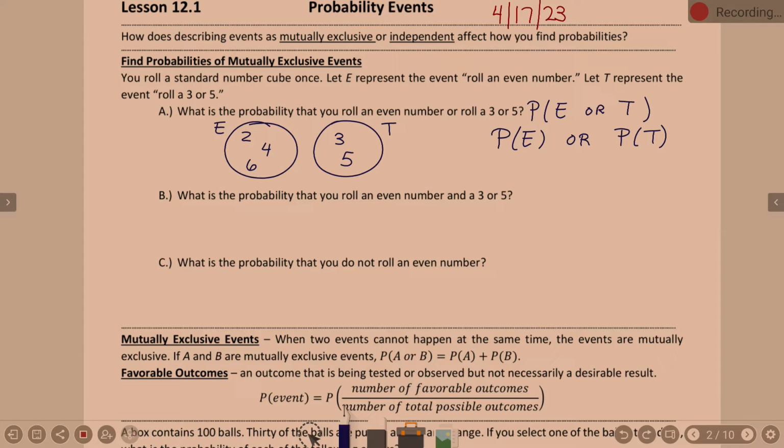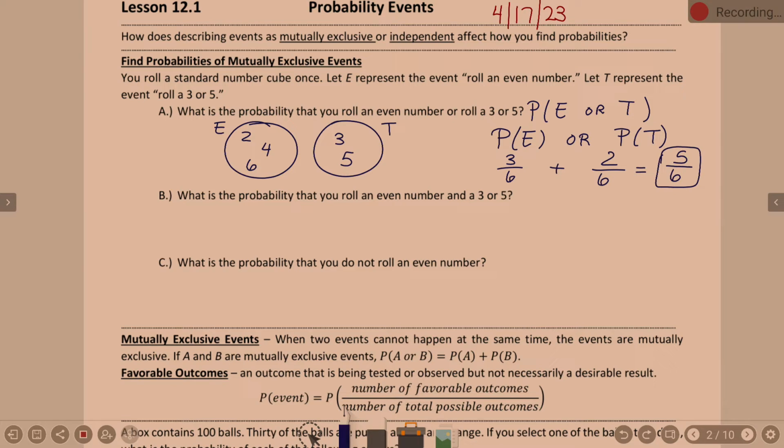So what's the probability of getting an even number? 50%. Give me a fraction. 3/6, because 2, 4, 6 out of 6 choices, right? The probability of a 3 or a 5: that's how many choices? 2 out of 6. And then 3/6 plus 2/6 is 5/6.